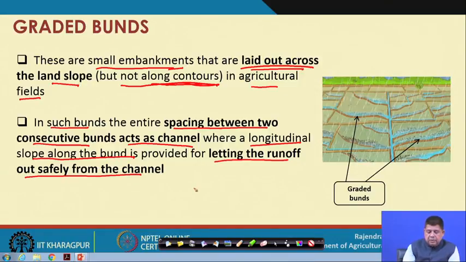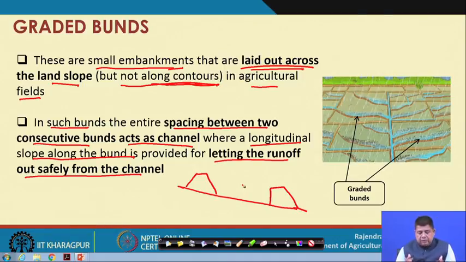So, basically, if this is your land slope and suppose we are adopting graded bunds, these are two consecutive bunds. In the case of contour bunds, we saw that whatever rainfall occurs in between two bunds, we try to conserve over the total area.